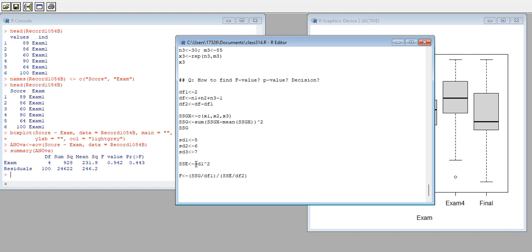But we just check the numerator part, so we should multiply by its degree of freedom. The degree of freedom is n1 minus 1, right? Multiply by n1 minus 1. So this is the numerator part, this is SSE for group 1. Then for group 2, we just use the same.